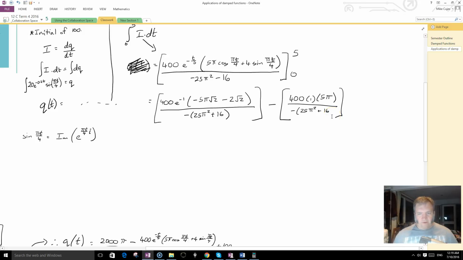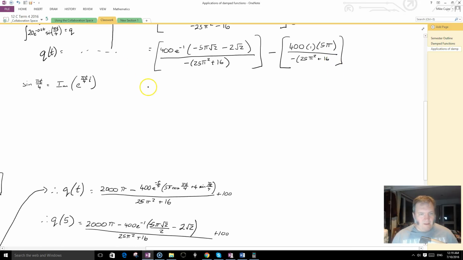And you will very quickly realize that this is my 2000 pi, and minus the negative is going to be positive, so I'm going to have 2000 pi. I can now write the 25 pi squared plus 16 as a positive denominator.